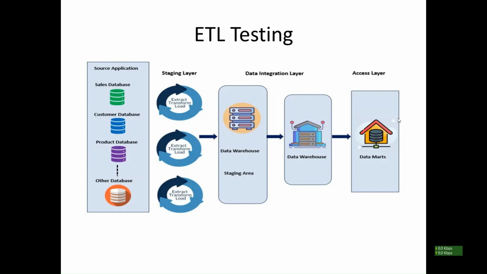There will be some requirements and rules, and according to that, the data is transformed or not. That is called transform. Next one is load. You are confirming whether the data is transformed accurately into the target system. That is called an ETL.